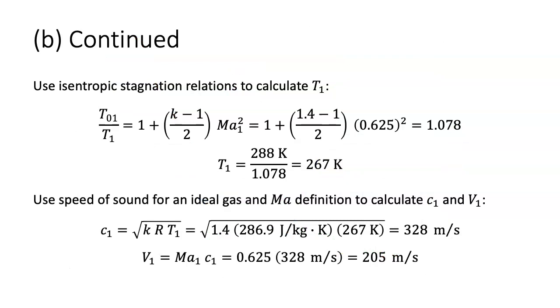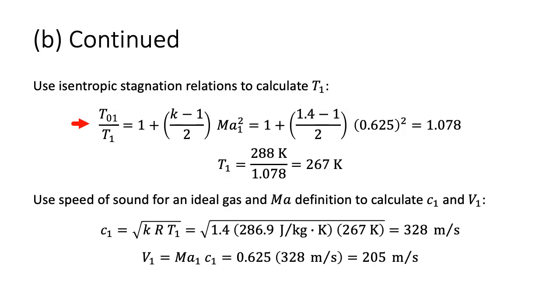Once we have the Mach number, we can use it to calculate the actual velocity. To do this, we notice by looking at the temperature entropy diagram that the properties we need to calculate correspond to the isentropic flow through the nozzle. Thus, we can use isentropic stagnation relations for these calculations.